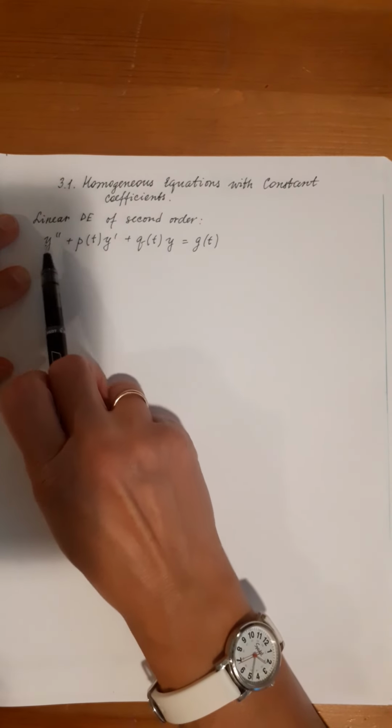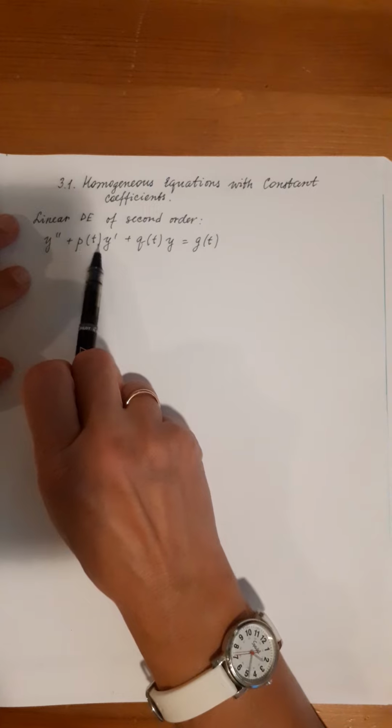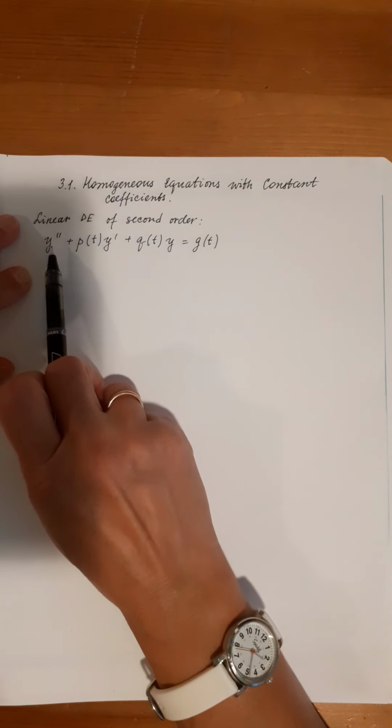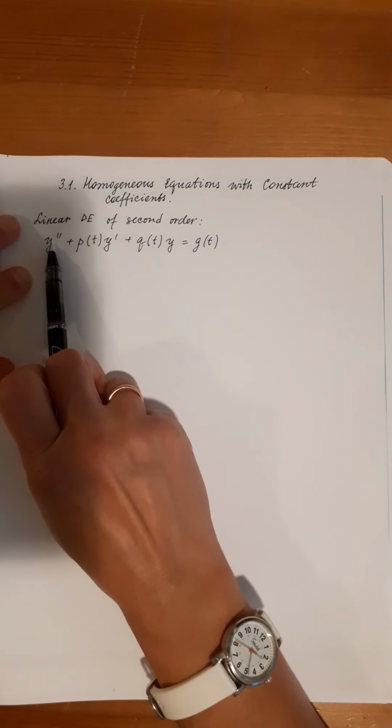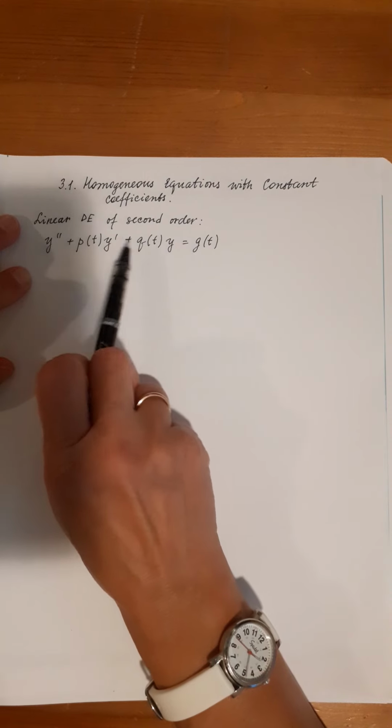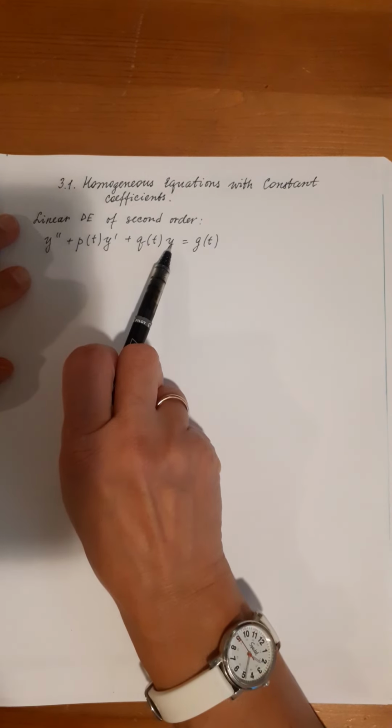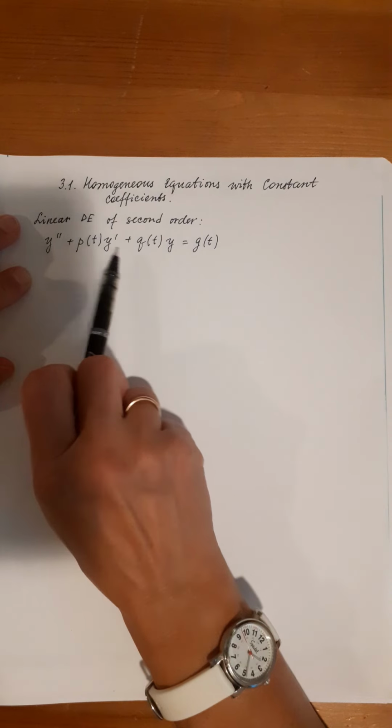So it's supposed to look like a polynomial of second order, like ax squared plus bx plus c, but instead of x we have the second derivative, the first derivative, and the zero derivative, the function itself. Instead of a, b, c we have functions.